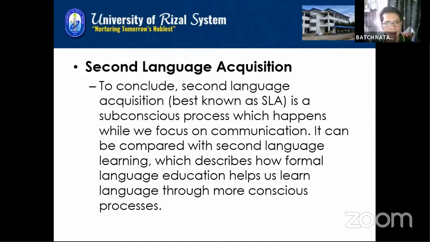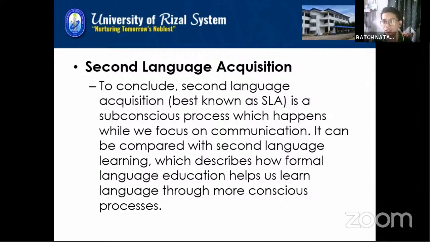So it can be compared with second language learning. However, when we are talking of language learning, as we defined it, it has a conscious effort on our end to really learn it, to really know it. So we are aware that we are knowing it. Let's say, for instance, your teacher is teaching you how to speak English. That is language learning.